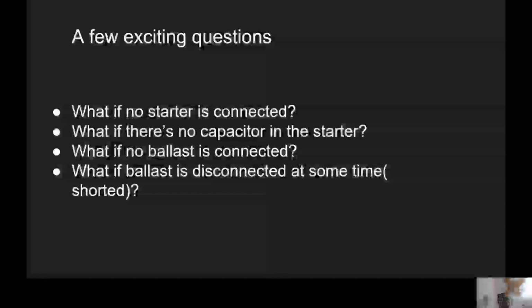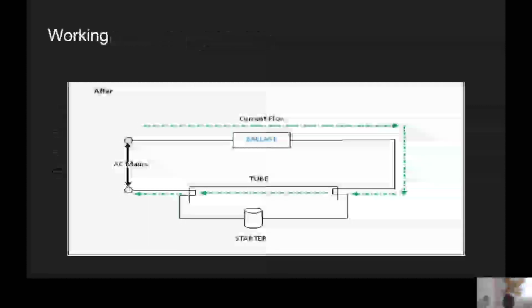So what if the ballast is disconnected at some time? Unlike the starter, whose role is just to start the light, the ballast has some extra role, which is that it is needed for the circuit to control its power. Ballast controls the tube's power.